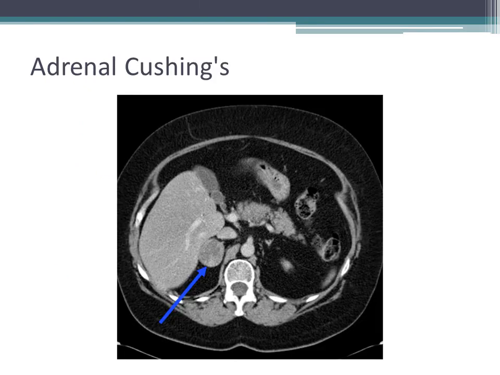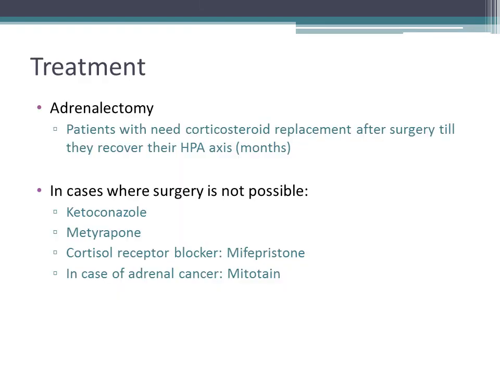The arrow here points to an adrenal mass in a patient who has ACTH-independent Cushing syndrome. So the mainstay of treatment is adrenalectomy, and as we said before, you will need to treat the patient with high dose of steroids post adrenalectomy until their HPA axis recovers spontaneously.